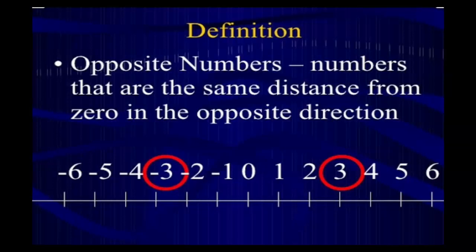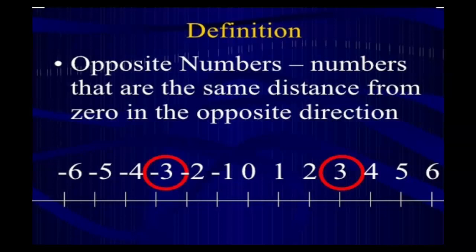Opposite numbers are numbers that are at the same distance from 0 in the opposite direction on the number line. On the number line, 0 is the center, that is the origin, and on both sides the numbers go on extending.